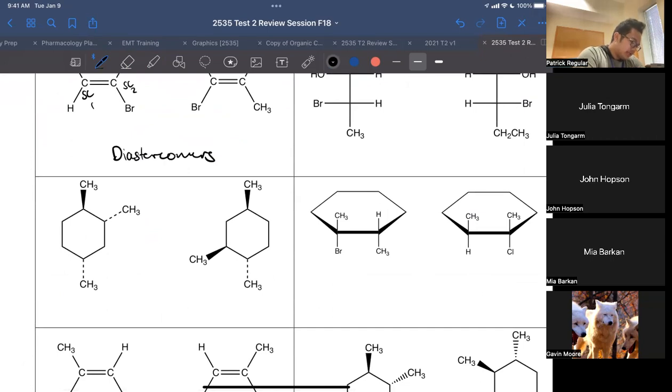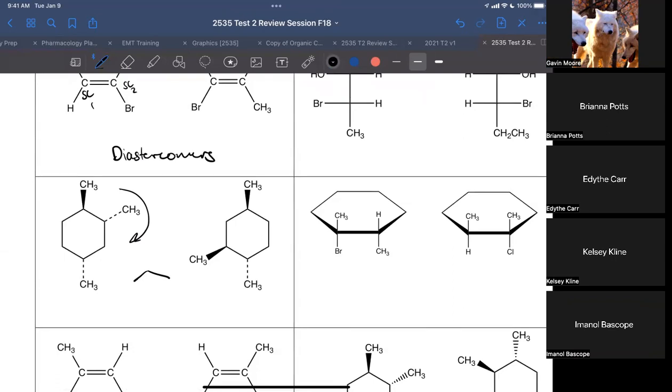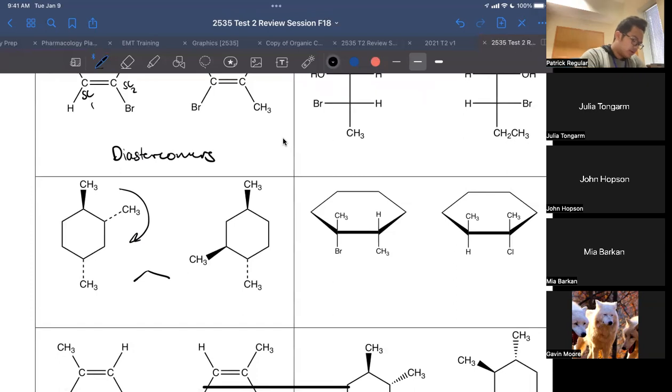For this one, remember, you cannot pancake flip it. You can only rotate it. So if you were to rotate this, hold on. There we go. If we rotated it, we would have CH3, CH3, CH3.